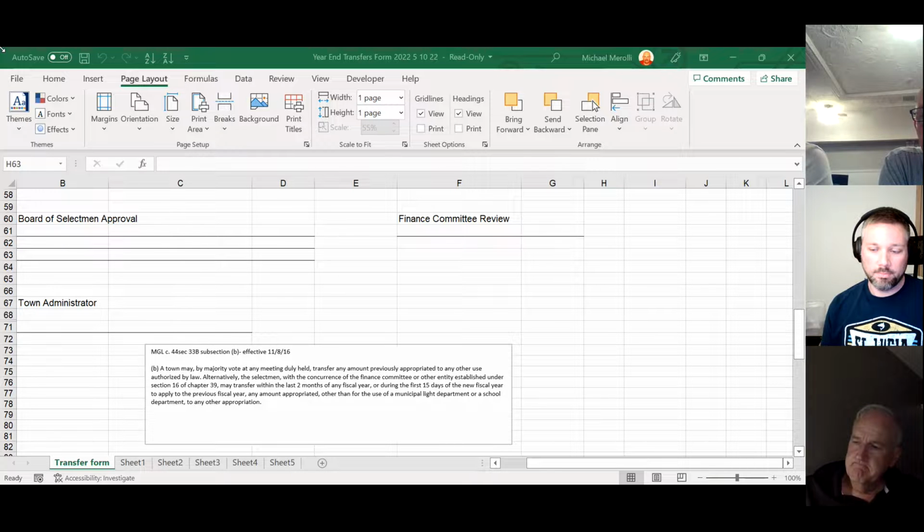And with the new software that we bought and what's being developed now, we even have the Division of Local Services coming in to look at our whole financial operation this summer. Everything that gets done will be done in real time, and you'll be able to see it in real time, because as we discussed, all of the department heads need to put their asks into the system in January.